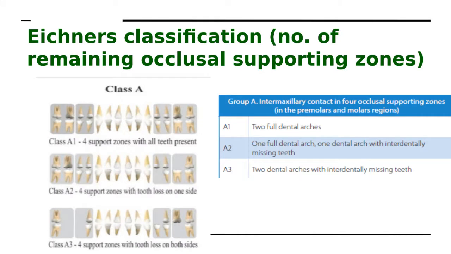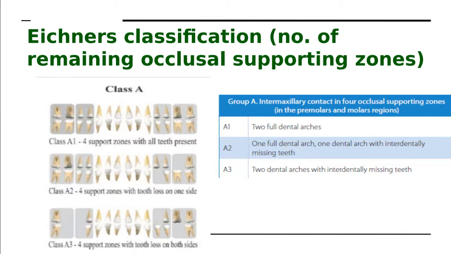Let us see this classification. It is divided into three classes: class A, class B, and class C. And in class A, there are class A1, class A2, and class A3.